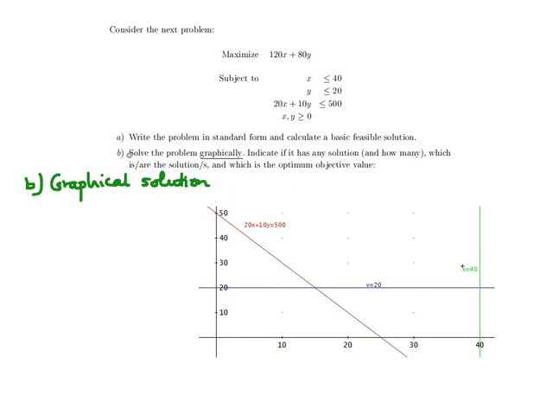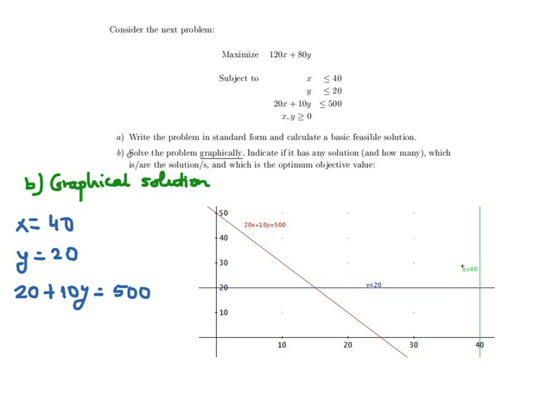For the graphical solution, first we draw the straight lines which will be the frontier of the feasible region, which are x equal 40, y equal 20, and 20x plus 10y equal 500.